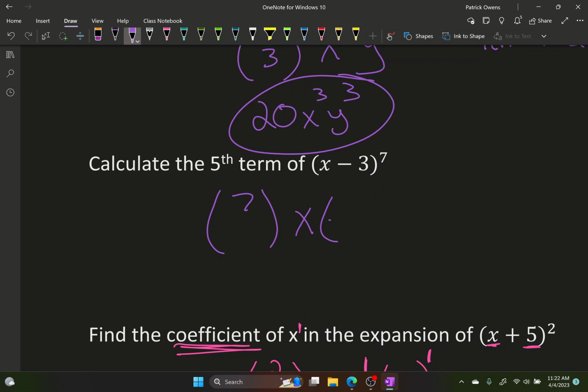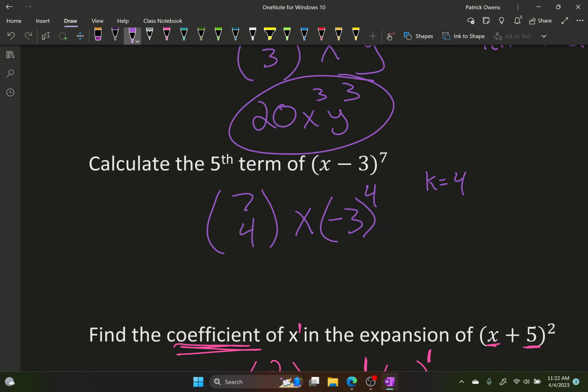So when we're looking at that term that we are raising to some exponent, it needs to be the negative term. So it's negative 3, that whole quantity that we are going to raise to some exponent. So if we're looking for the fifth term, k is equal to 4, because 5 minus 1 is 4. And 4 is that exponent of negative 3. That means that 4 is going here.